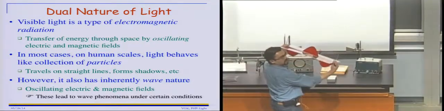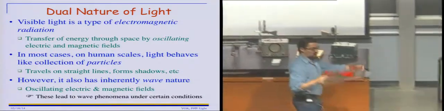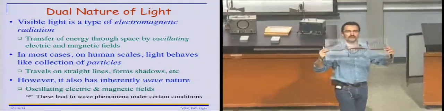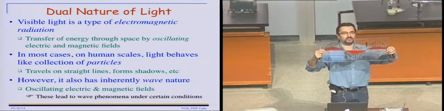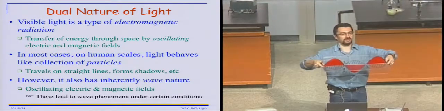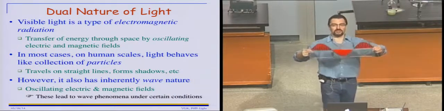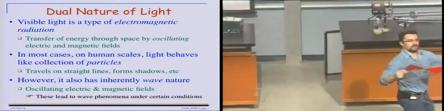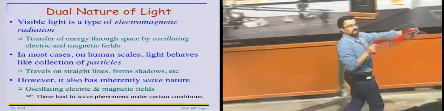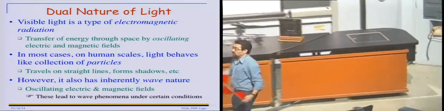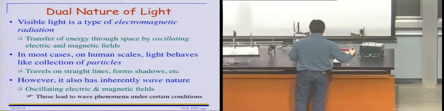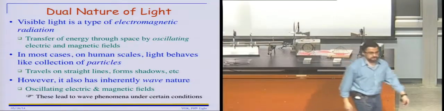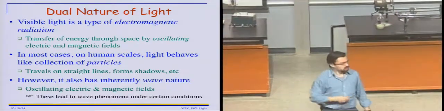There's a letter B that stands for magnetic field. So an electromagnetic wave is a combination of an electric field that oscillates, well, in this case, in the vertical plane, and a magnetic field that oscillates in the horizontal plane, and the whole thing propagating forward with the speed of light of about 300,000 kilometers a second. So that's one picture.